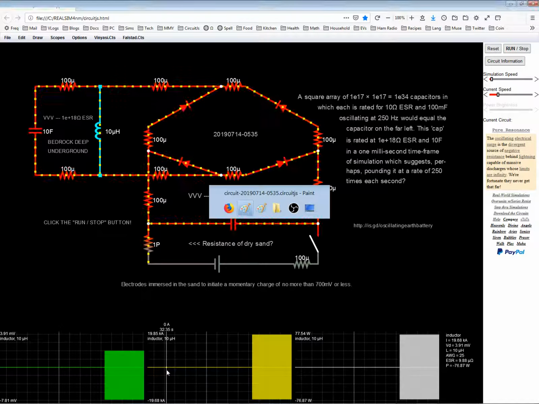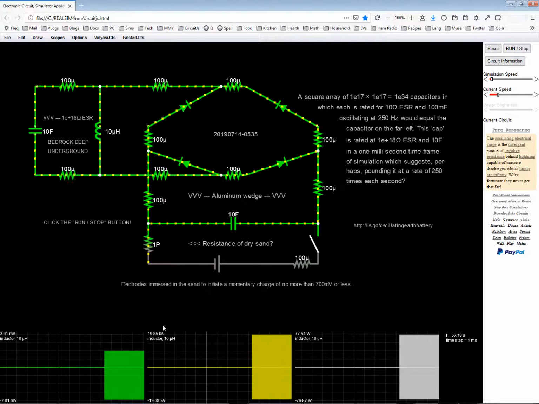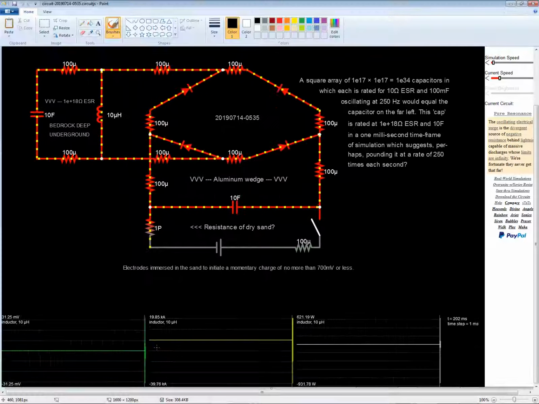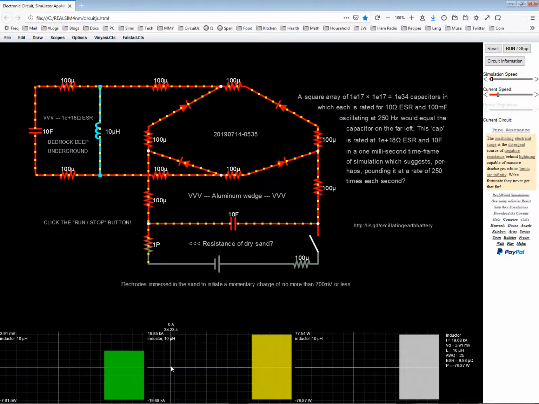And then the amperage, it was always 1985 positive kiloamps, and now it's that still. But it used to be negative 39.76 kiloamps, and now it's negative 19.68. So it's coming more into balance in the amperage area, but the voltage has gone more out of balance, but it's reduced itself.